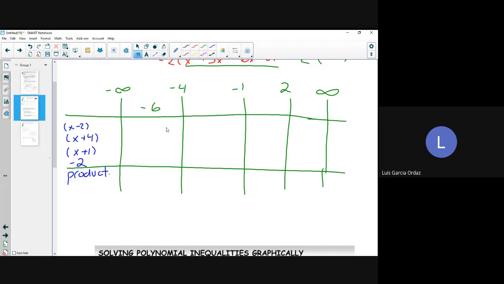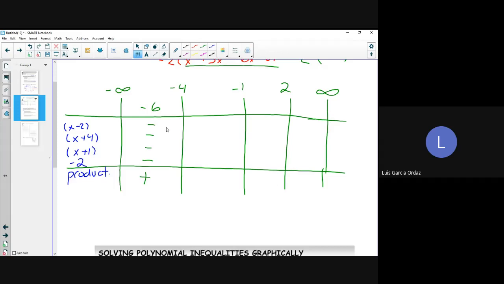So if we plug in negative 6 to all of those x values, what signs do we get? Negative, negative, negative, negative, and 4 negatives multiplied by each other give us positive. So that means the graph is greater than 0 between negative infinity and negative 4. Now we want to pick a value between negative 4 and negative 1.